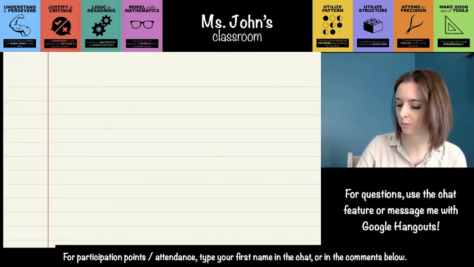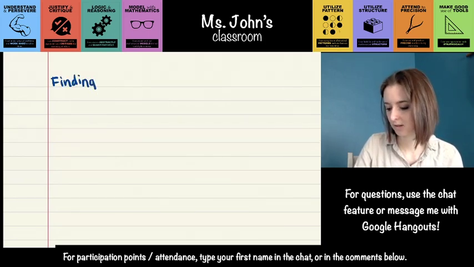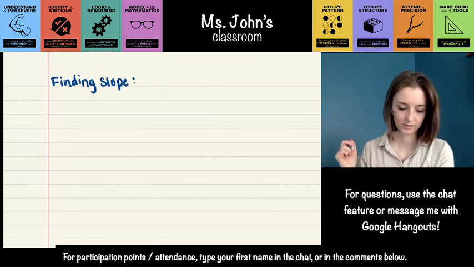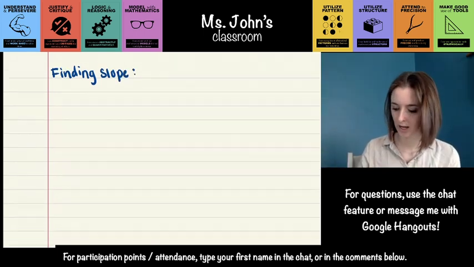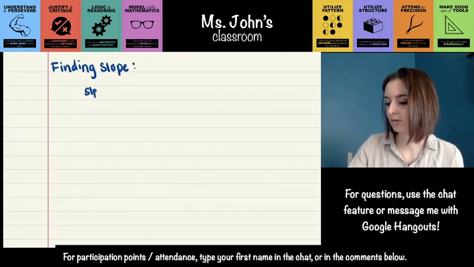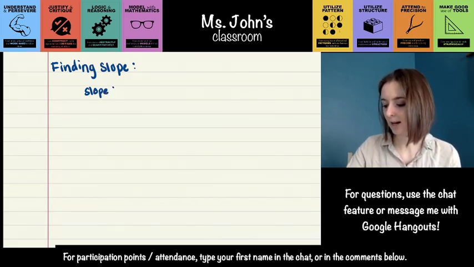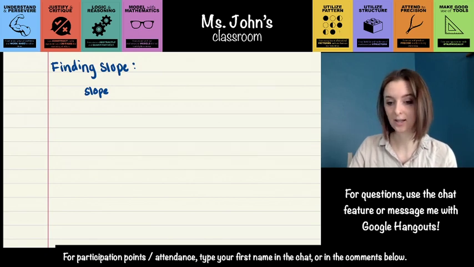Okay, so finding slope is our next bit. And we're first going to talk about what slope is. The reason slope affects the graph the way that it does is because it represents how things are changing in the scenario.